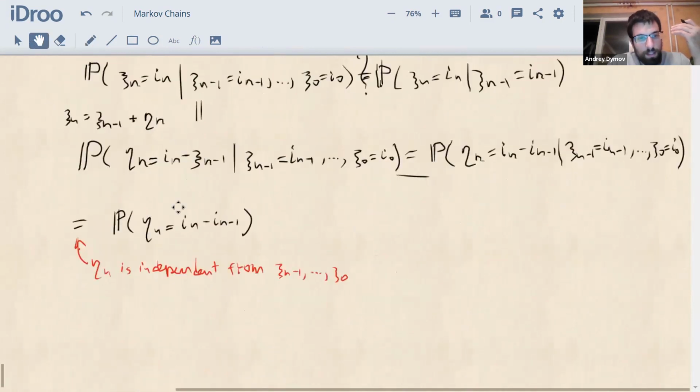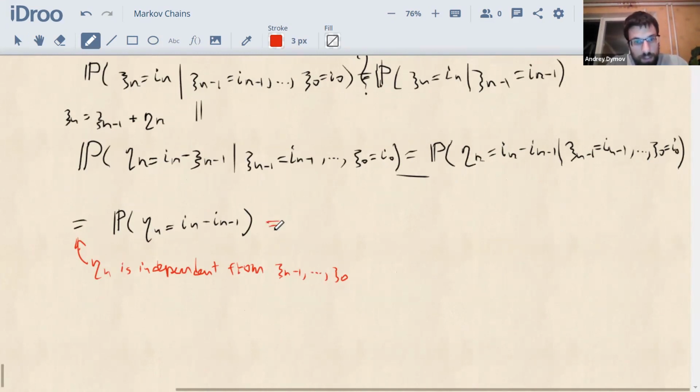Since eta_n is independent from eta_1, ..., eta_{n-1}, it is independent from these guys. And if we have two independent events, then the conditional probability equals the probability without conditioning.